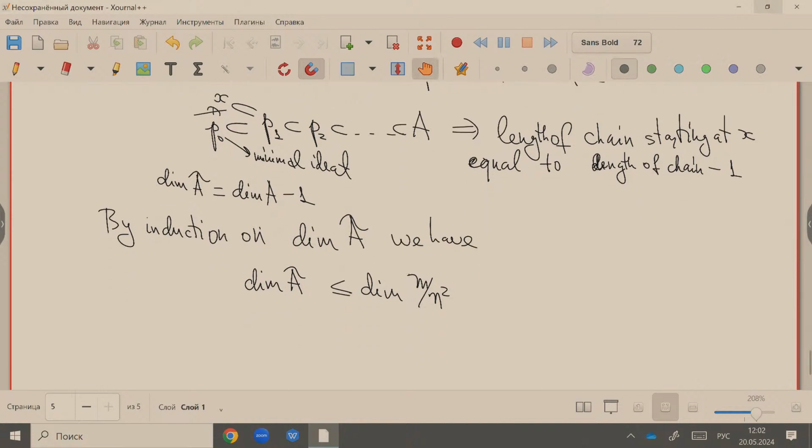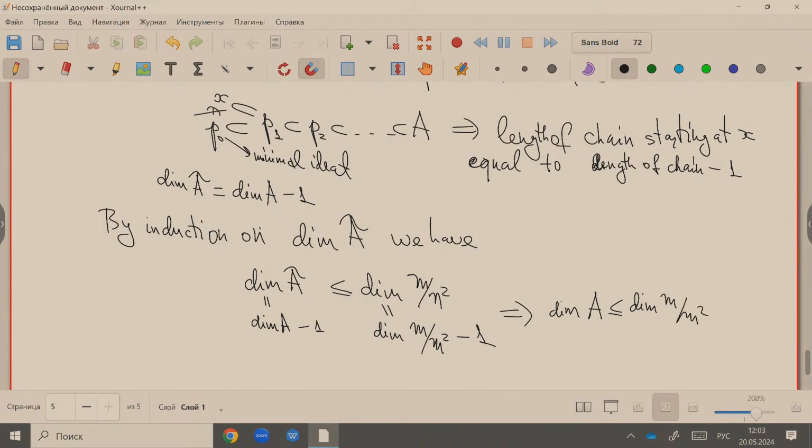This is equal to dimension of A minus 1, and this is equal to dimension of m modulo m square minus 1. So this implies that dimension of A is less or equal than dimension of m modulo m square. So you see, at least we have proved the inequality.